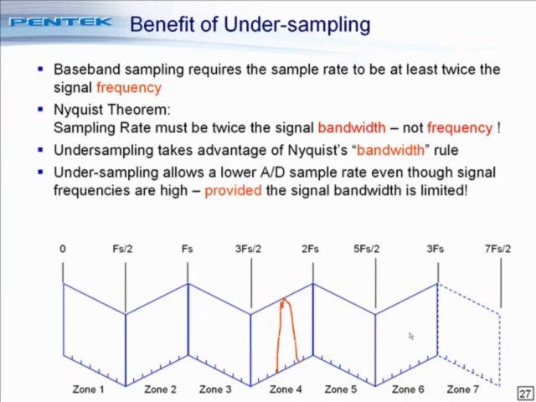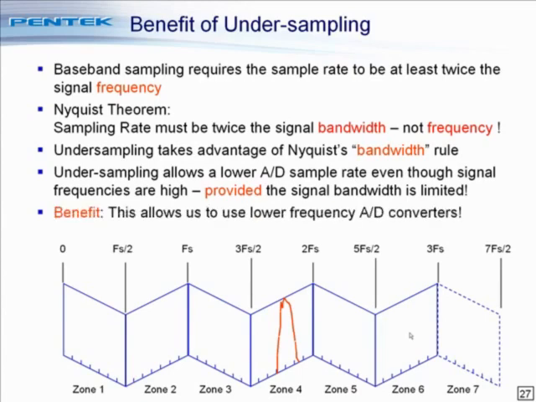Undersampling allows us to have a lower A to D sample rate even though the signal frequency is high, provided that the entire signal bandwidth is limited. That's the but. The benefit, if you can achieve this, is that it allows you to use a lower frequency A to D converter than otherwise.